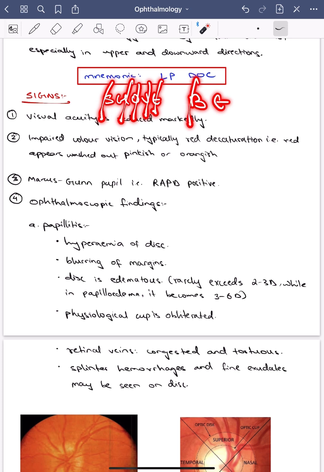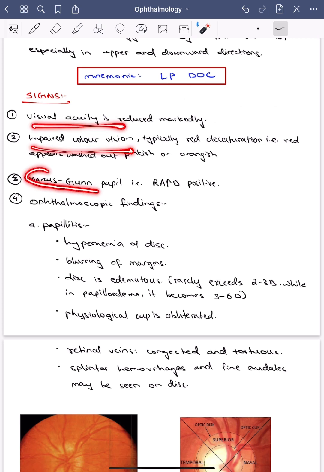B for blurring of the margins of the optic disc, and F for fundus fluorescein angiography which reveals leaks. Along with this, there is visual loss, hence there is reduction in visual acuity, and there is impairment of color vision, and there is Marcus Gunn pupil, that is relative afferent pupillary defect is positive. So these are the signs.